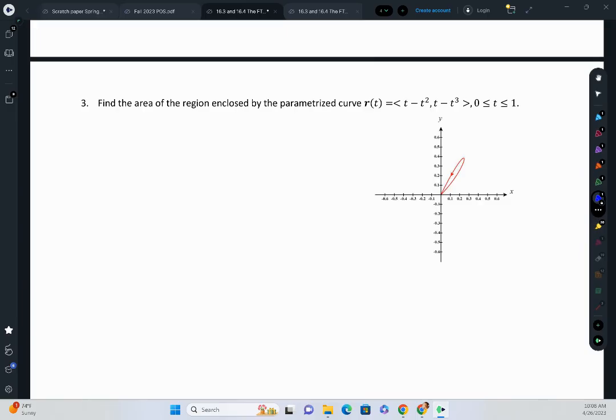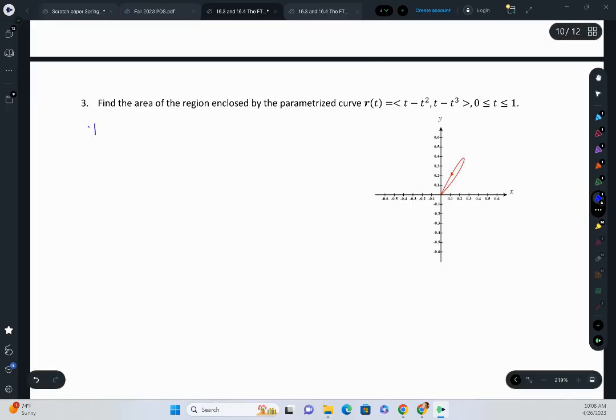Integrating over this curve seems a little rough, especially if I want to just find the area of the region. I'm sorry, I meant to say the opposite of that. Finding the area of that region seems really hard using a double integral. I would like to use a line integral.